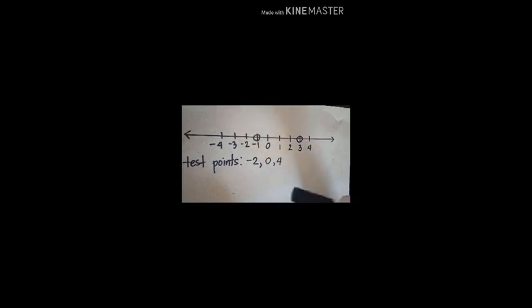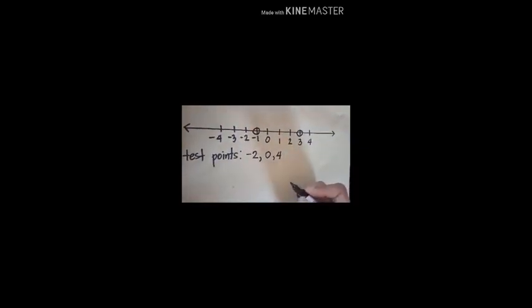Pero kung true, ibig sabihin yung region na yun kung saan galing yung test point na kinuha natin ay part of the solution set. Okay? So, let us check our test points if they are going to produce a true or a false mathematical statement.